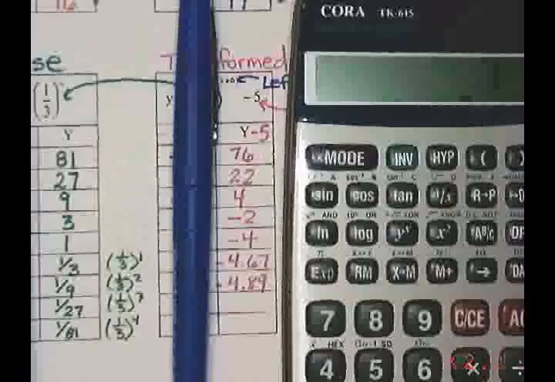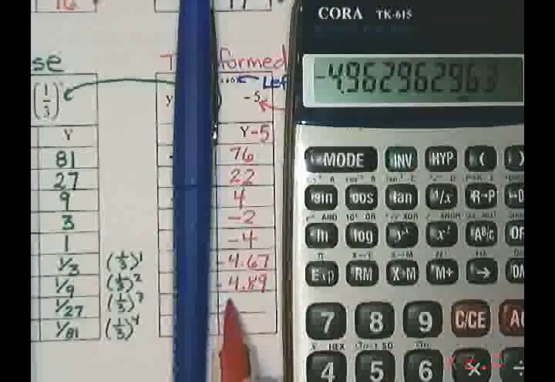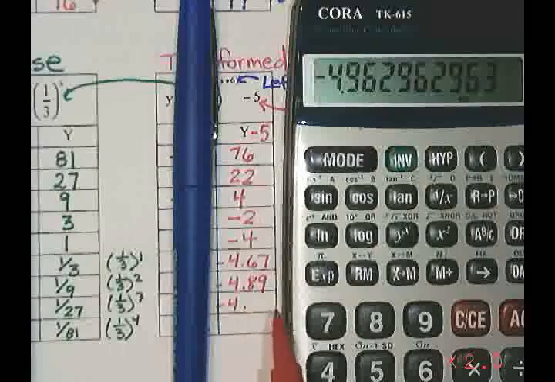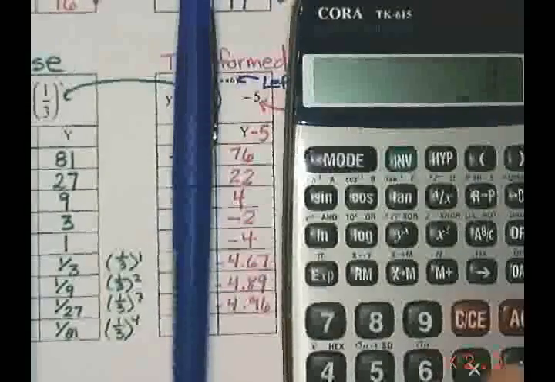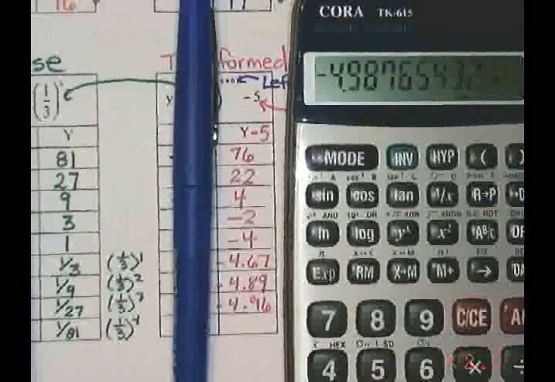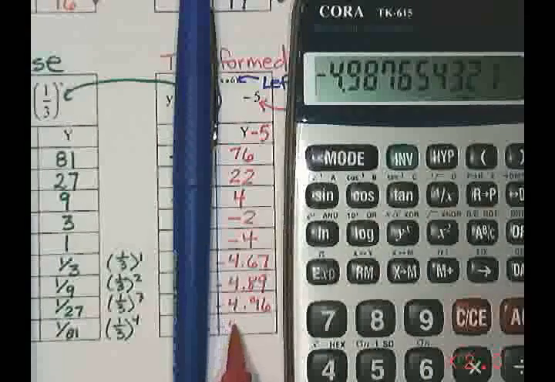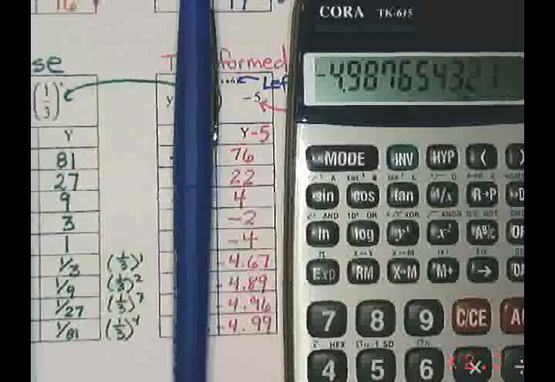And then 1 divided by 27, take away 5, is negative 4.962, so that's going to be 4.96. And then 1 divided by 81 minus 5 is negative 4.987, so that's going to be 4.99.